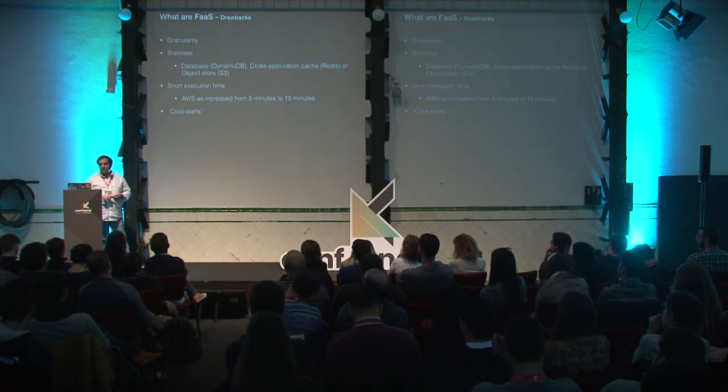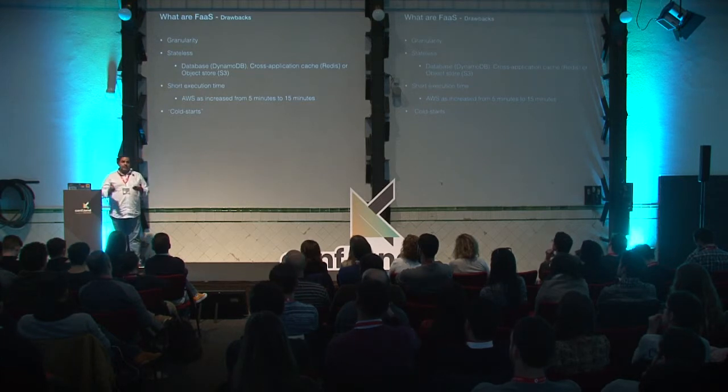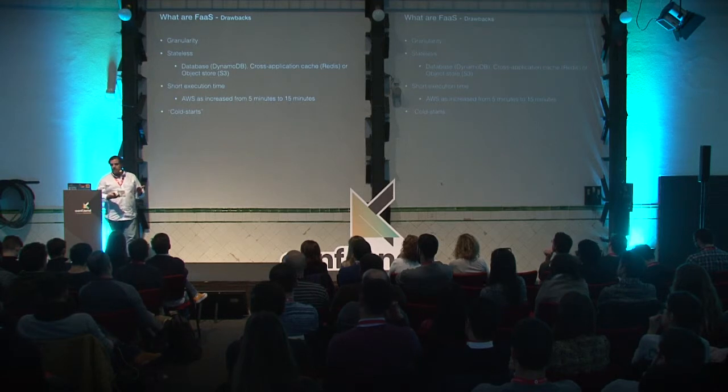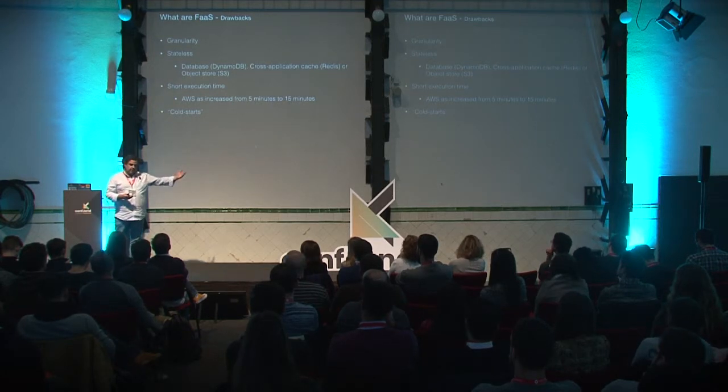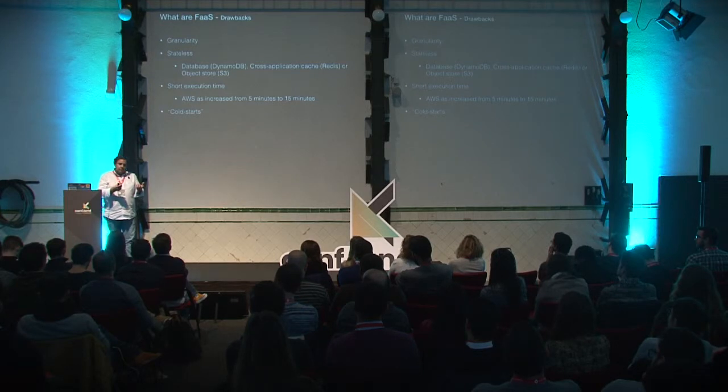They are stateless, meaning, for instance, for saving the user session, you cannot save it in the state of the container. So you will have to use a database, some caching like cross-platform, cross-application Redis, or even an object store like S3 or some other CDN.